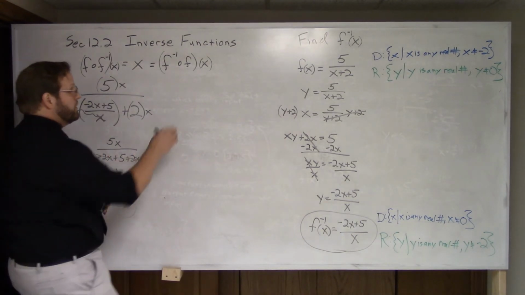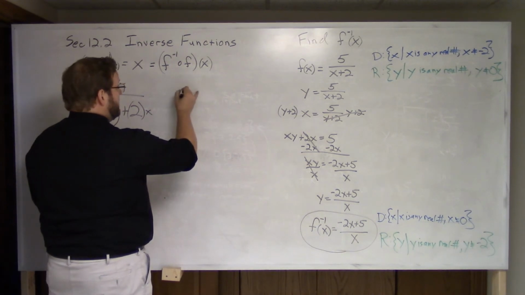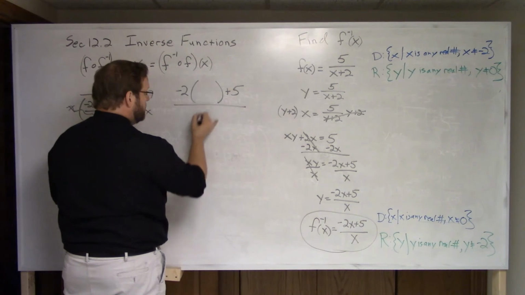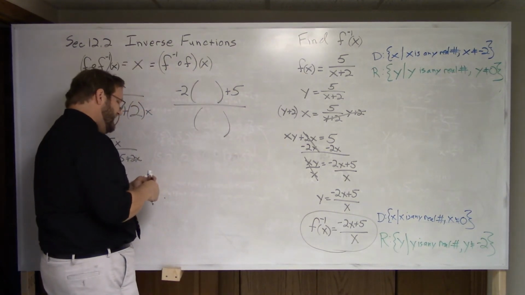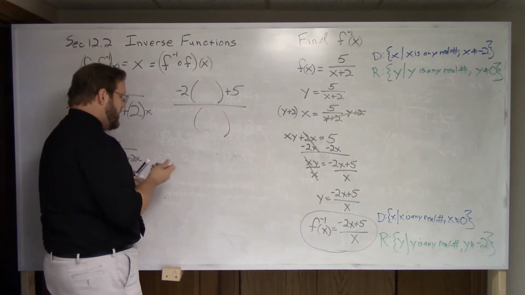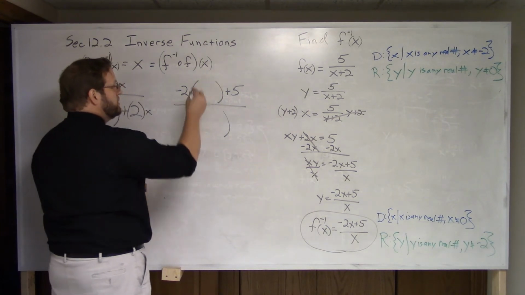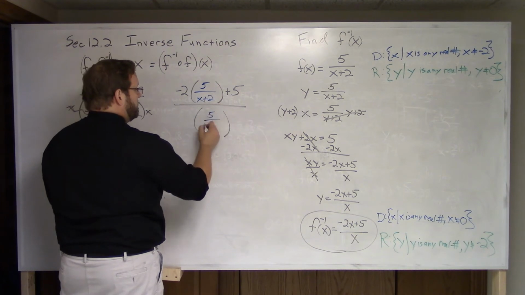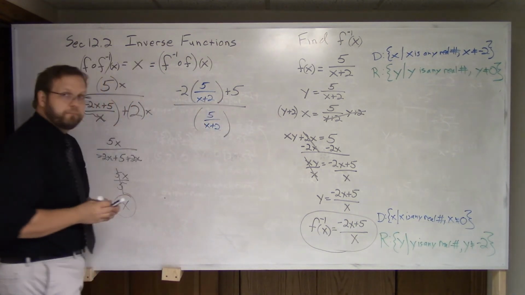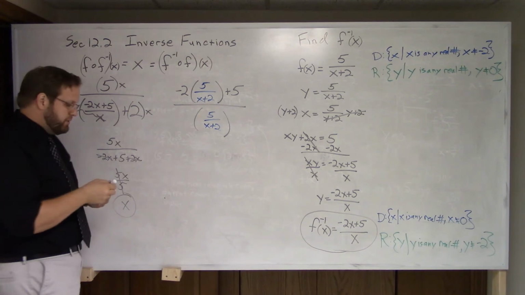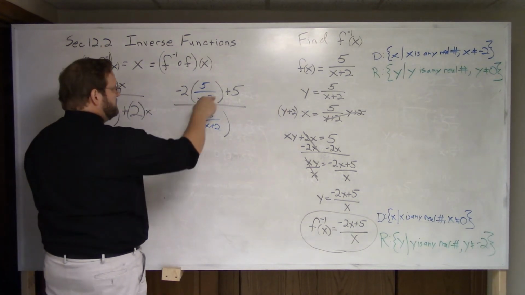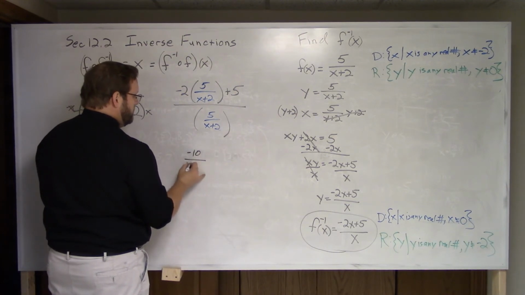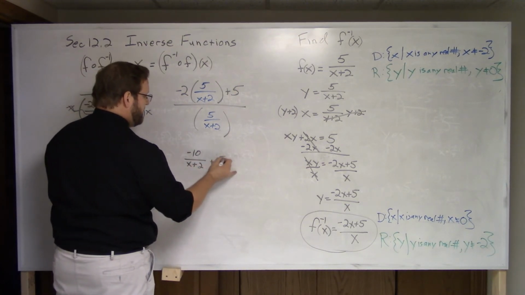Okay, if I went the other way, f inverse, that's negative 2x plus 5 over x. Then in there, let me use a different color here, I would plug in that original, which is 5 over x plus 2. Okay, the first thing I would probably do with this is multiply these together to get a negative 10 over x plus 2 plus 5.